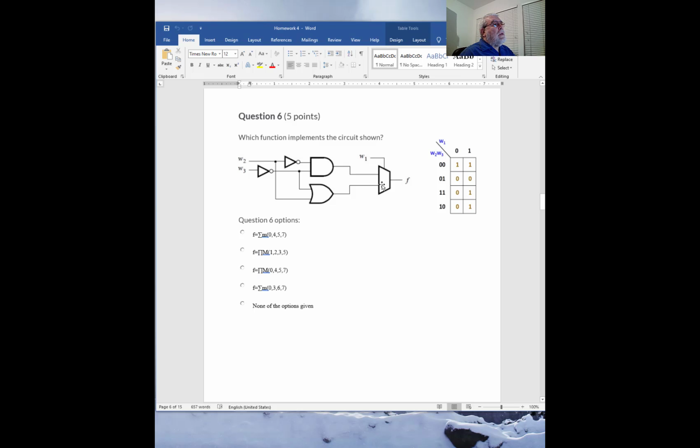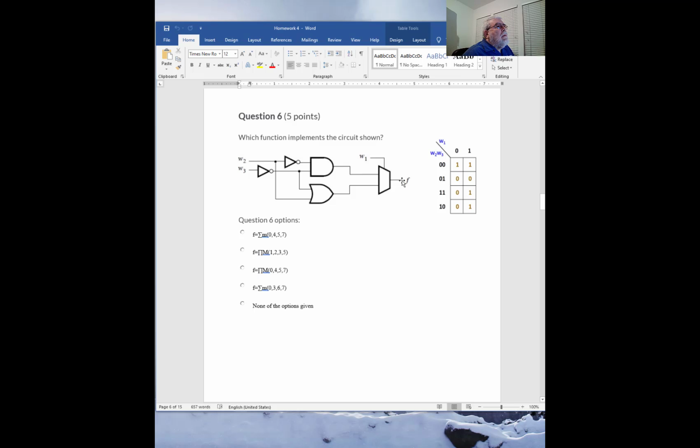By the way, we assume that we don't have anything here, and when the selector is given at some point in the multiplexer, the side that is closer to this selector is usually the one corresponding to I0, and this is I1. So let's see the same trick here. Get the K-map or the truth table for that particular circuit.